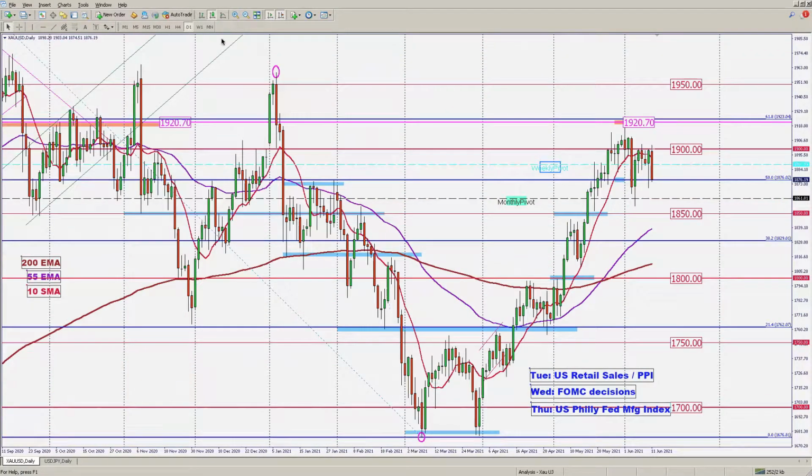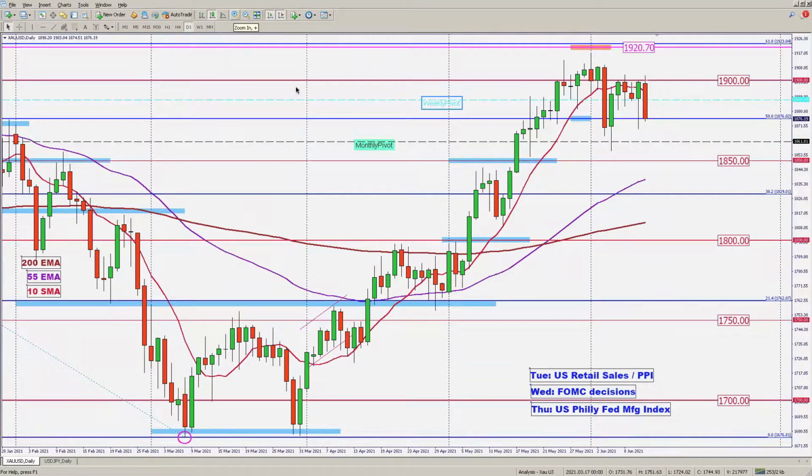All right. So this is a key support zone after breaking through last month. And now it has returned back.